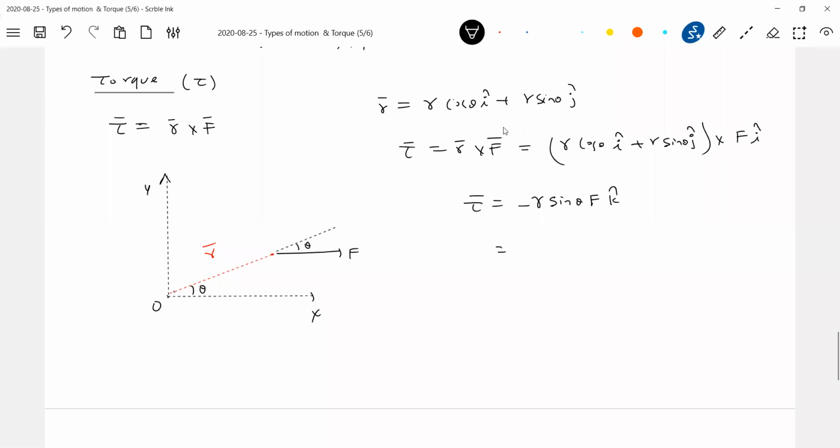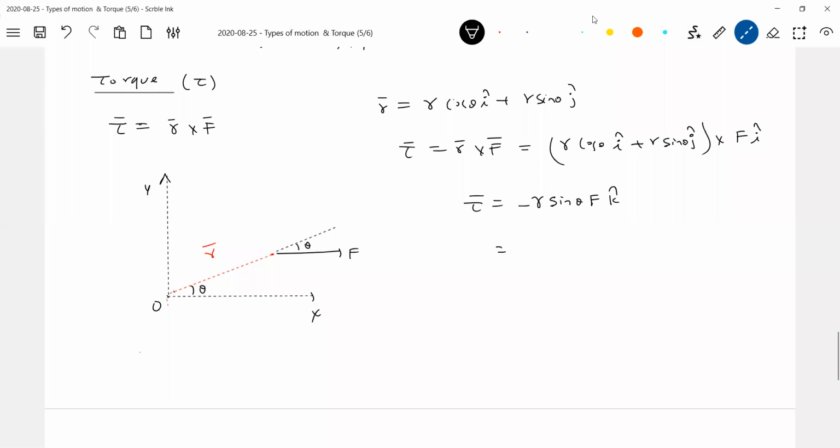So minus k cap. How will the torque be directed? Along negative k cap. K cap means how we have to show it. Minus k cap. This is the XY plane, no?